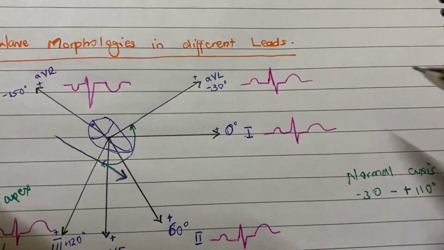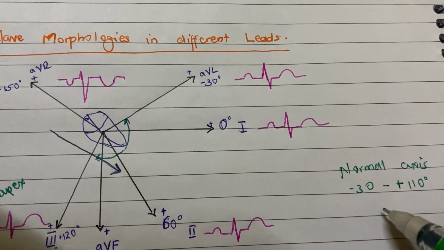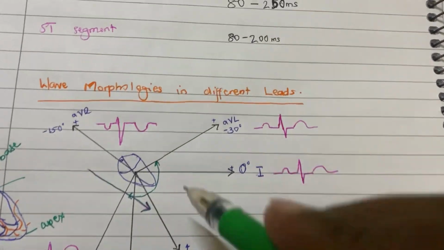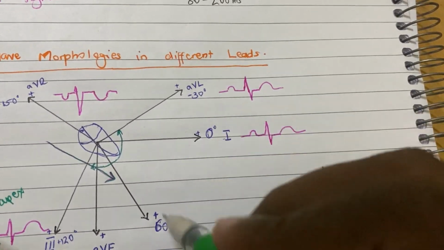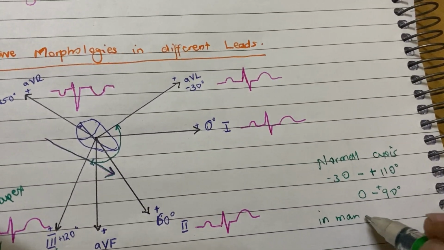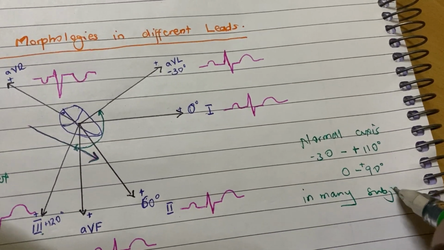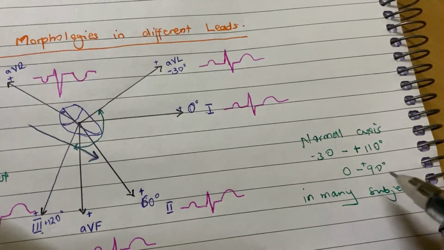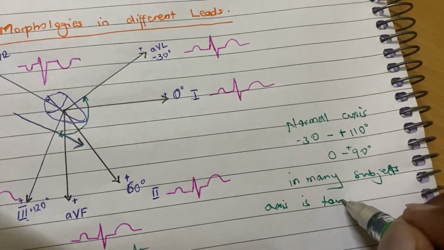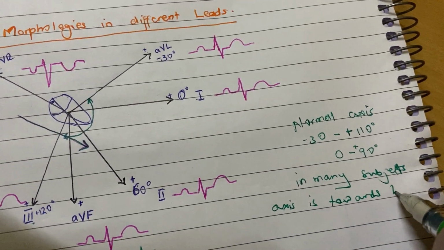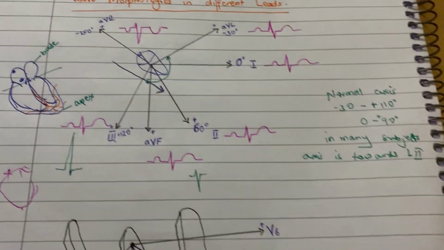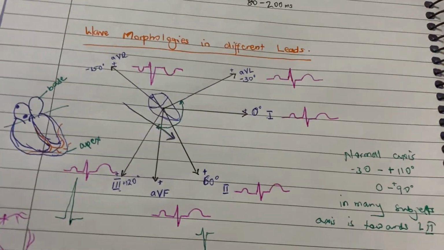Or some people, when you read somewhere, will say from 0 to positive 90 degrees. But normally, in the majority of people, the normal axis is towards lead 2. Lead 2 is at 60 degrees. We shall see how to calculate axis. Don't worry, but that is the normal one.